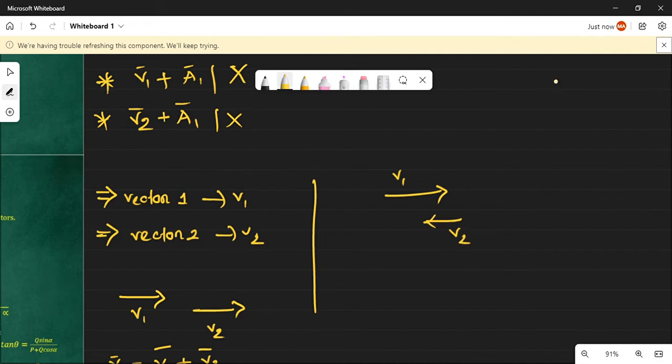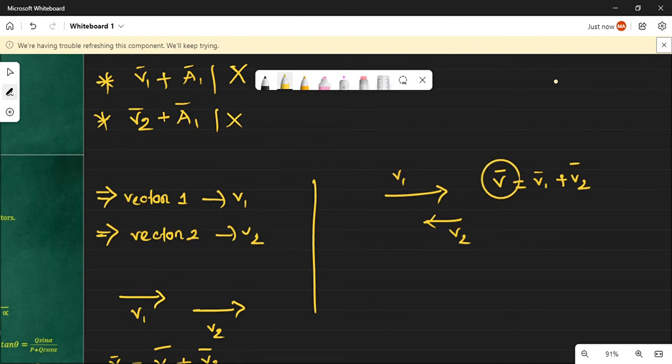If we get vector v by adding v1 plus v2, what will be the direction of the resultant vector v?